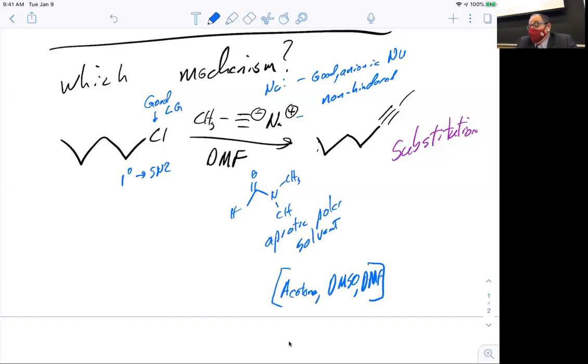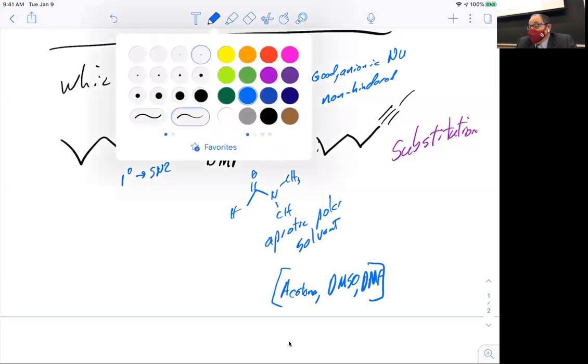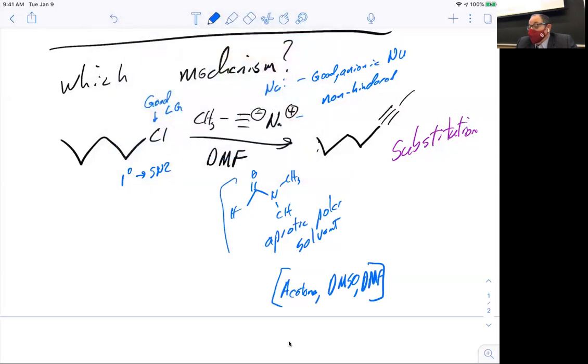I'll show you in a second, if you didn't recognize that solvent, you could still get the answer here. But since that's a polar aprotic, this would suggest what? SN2. Okay. So if we look at what's going on here, we have SN2. The leaving group is a good leaving group.